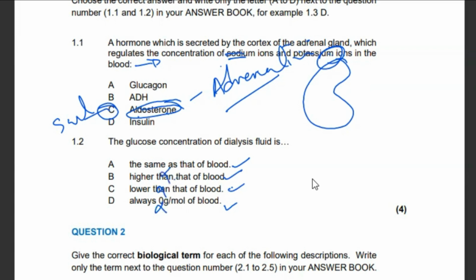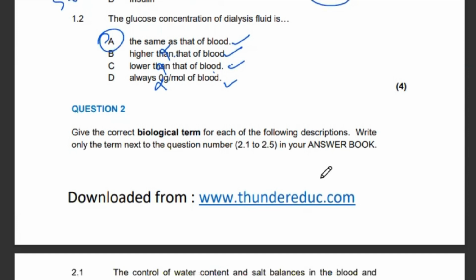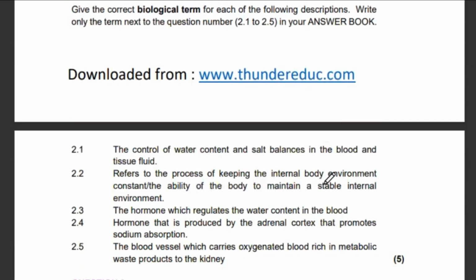Because if it is higher than the blood, it means that dialysis is adding glucose there. And if it's lower than blood, it means that dialysis is taking away glucose. So it cannot be higher than, lower than, or zero. So the answer is it must be the same as blood. The same amount of glucose which has come must be the same amount of glucose which is supposed to be taken back.